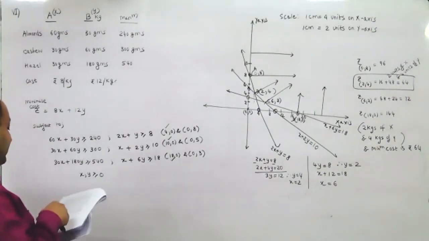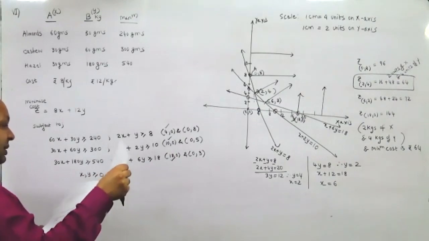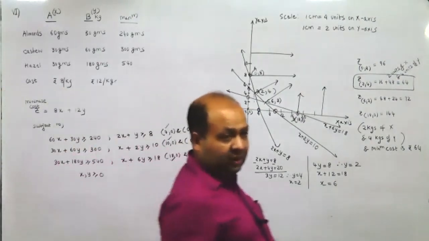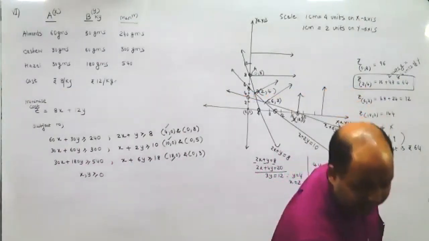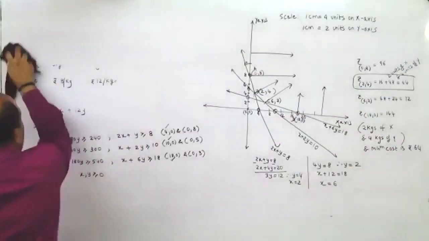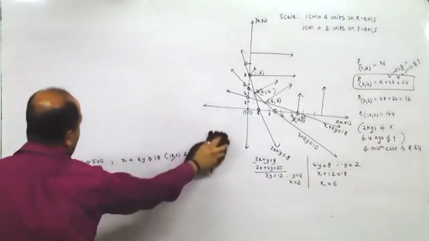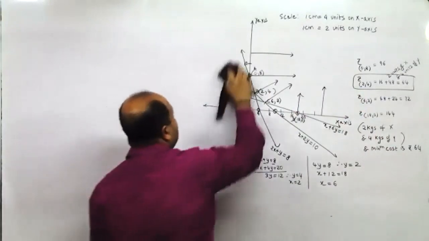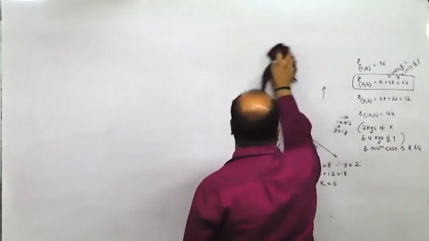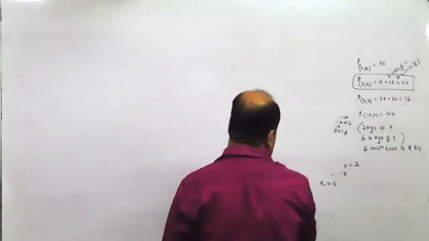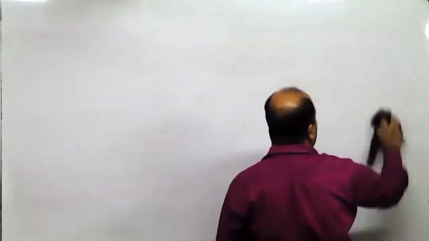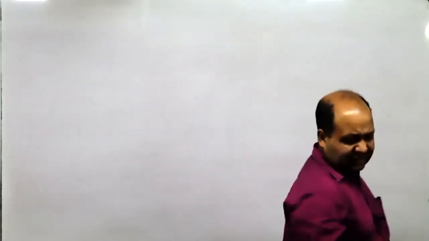Now we'll take up the objectives one by one. Today I'll finish LPP and do all the objectives. Then tomorrow I'll take up regression, because that is the only difficult topic of maths 2 which is left.